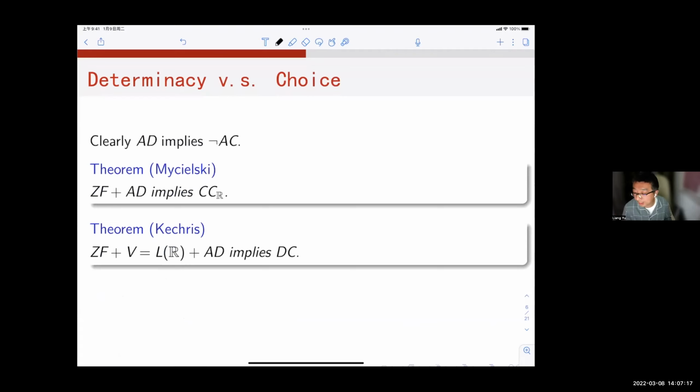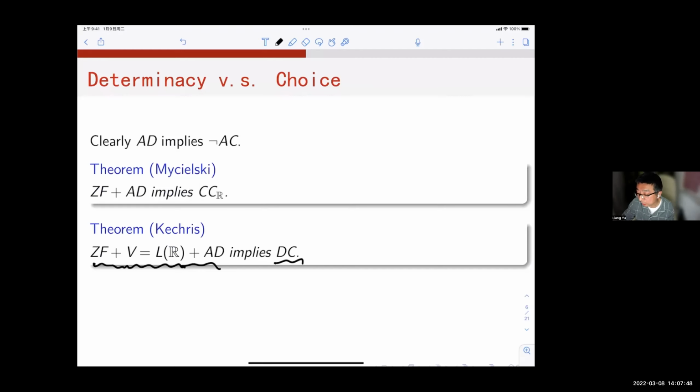AD implies the negation of AC, so it contradicts AC. But AD implies a fragment of AC. Martin proved ZF plus AD implies CC_R, countable choice for sets of reals. And Kechris proved that in V, if you assume ZF plus V = L(R) plus AD, then DC is true.